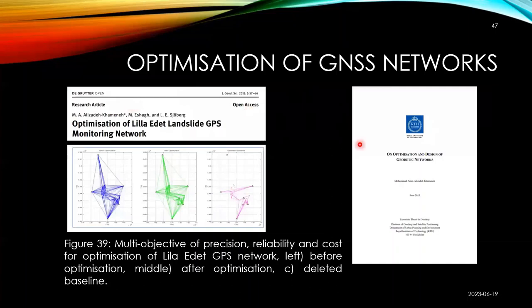And also this is another work of one of my students where we worked on GNSS networks. Actually, the idea was that they had established a GNSS monitoring network over an area called Lilla Edet in Sweden. And there is a lot of risk of subsidence in this area because of clay. And they had this network there.